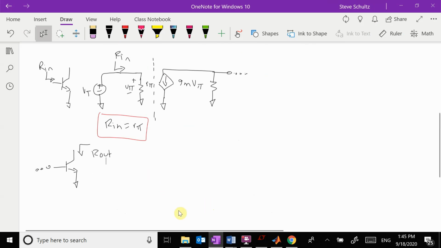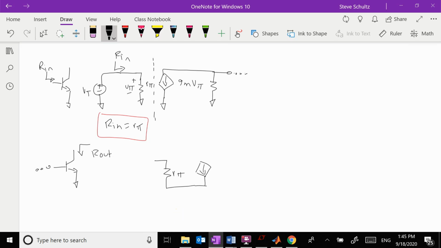So again, I go to my small signal model. I ground my emitter. I can have something connected over here if I want to. And then this is GM V pi, RO, and then I'm looking in this direction.